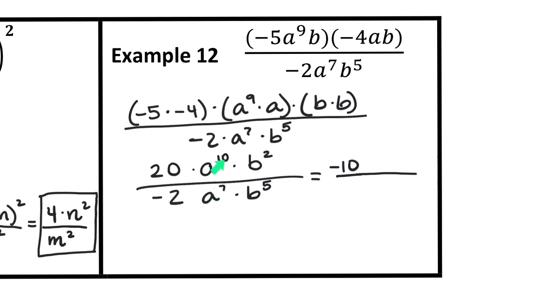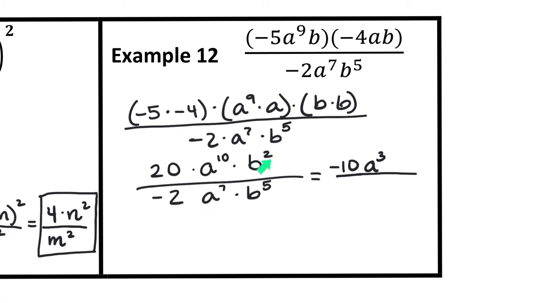So 10 minus 7, because they're going to cancel. Right? Some a's are going to cancel on the top and on the bottom. So 10 minus 7 is going to leave you with a to the third on top. There's going to be more a's on top than on the bottom. So they're going to be left over on the top.